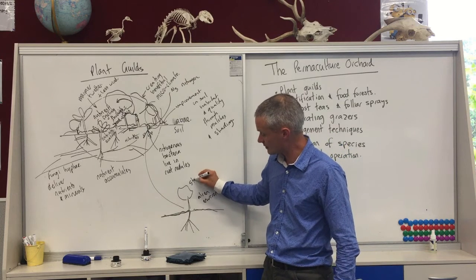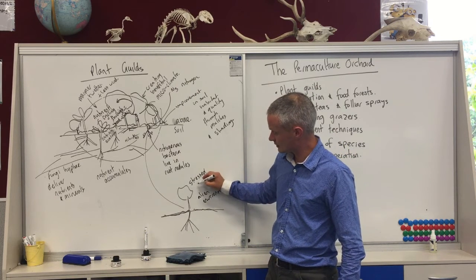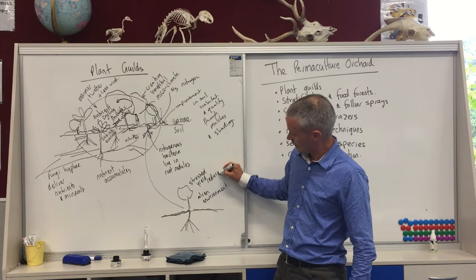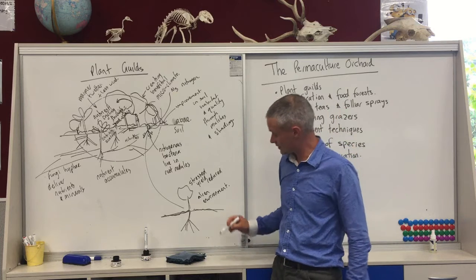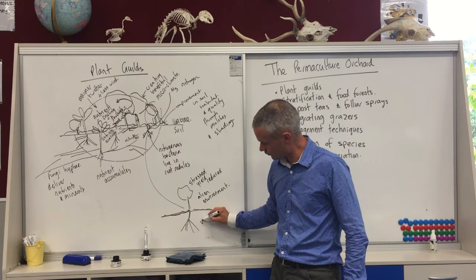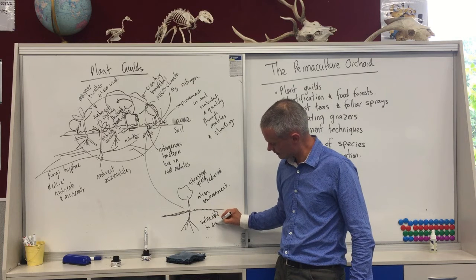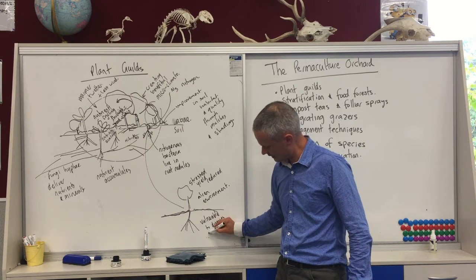So it becomes stressed, its yield or its production is reduced, and it becomes more susceptible to diseases, so it's vulnerable to diseases and pest attack.